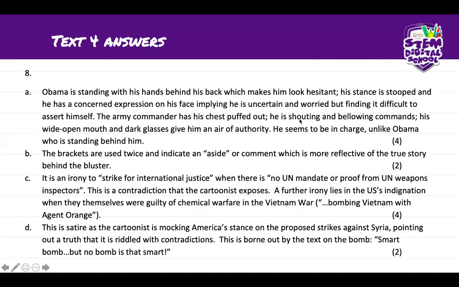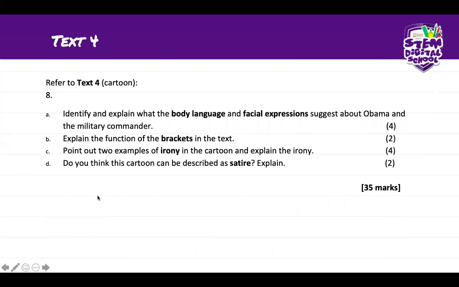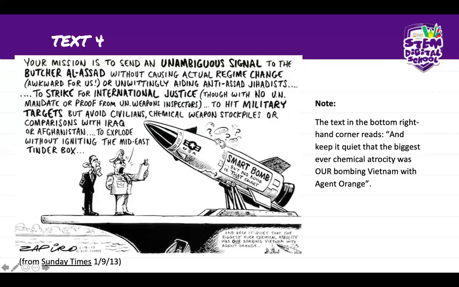He is shouting and bellowing commands. His wide open mouth and dark glasses give him an air of authority. He seems to be in charge, unlike Obama, who's standing behind him. Again, I think this could imply a lot of things, actually, given the fact that he's saying all of this here.